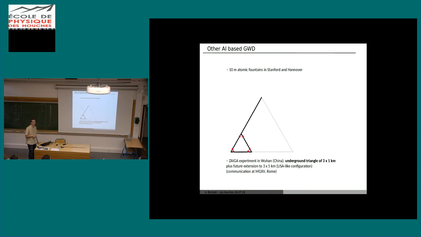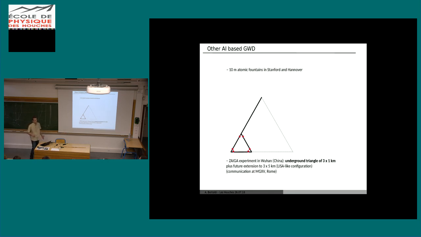So one order of magnitude more than what we are doing, by the way, and along each arm is a LISA-like configuration. Okay, so they will put gravity gradiometers along each arm.